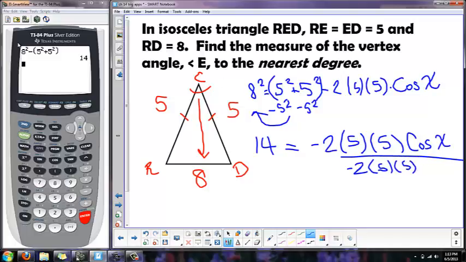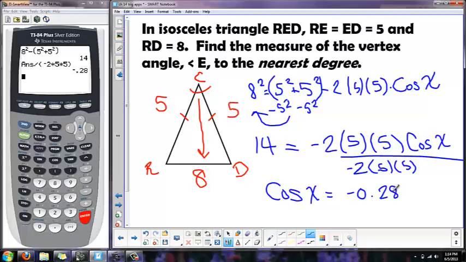So the first step was we subtracted that stuff over. Now we take our answer 14 and we have to divide the rest of the stuff. So divide negative 2 times 5 times 5. And you're always putting these in parentheses. Hit enter. So cosine of x is equal to negative 0.28.